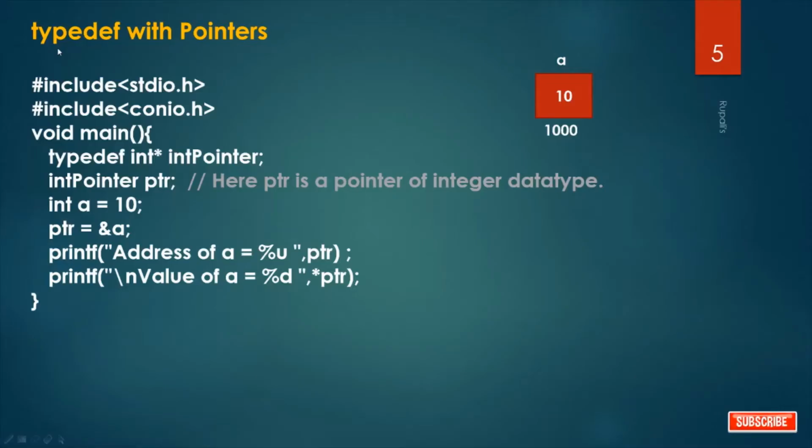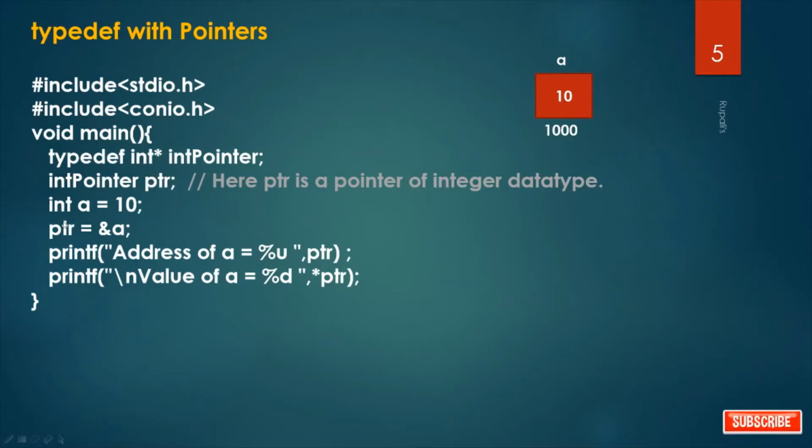Now typedef with pointers. Here typedef int star int pointer means another name of int star is int pointer. So when I write int pointer ptr, ptr can hold an address of an integer, because int pointer and int star are the same.